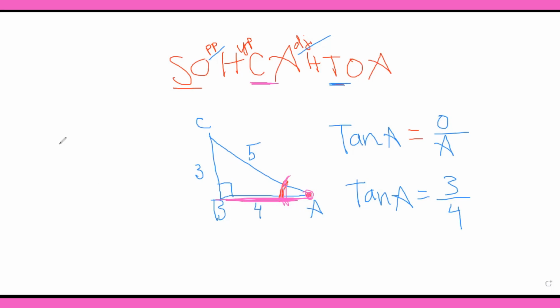So we could do any of these. If we needed to know an angle or a side, we would be given those. So if we needed to know an angle and we were only given sides, we would need to do the inverse. So if we were given just this exact scenario and they said find A, we could have used any of those trig functions.